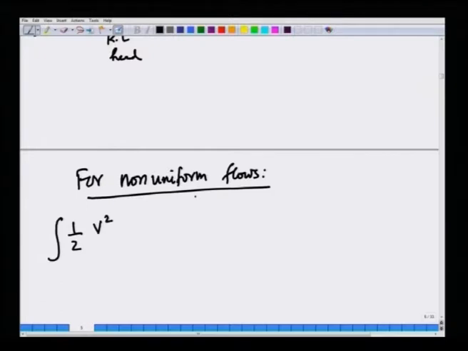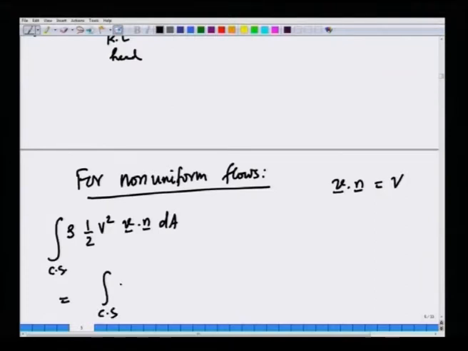If you recall, you have a term of the type rho half v squared v dot n dA over the control surface. If you are considering the outlet, v dot n is positive; if you are considering the inlet, v dot n will be negative. But essentially you will have to evaluate an integral of the form half v cubed dA, where v is a function of the cross sectional area.